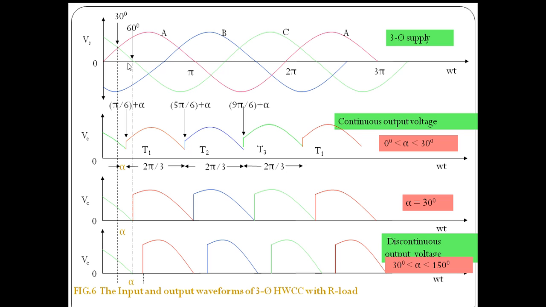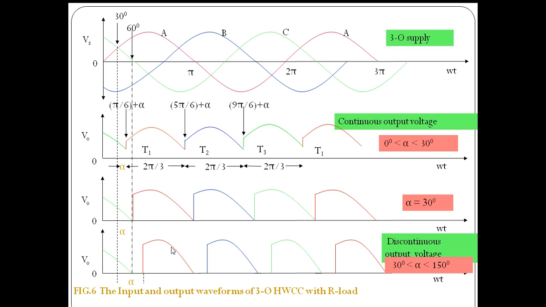So the thyristor is subjected to reverse bias and it won't conduct. T3 will turn off. After a further delay, at this instant we are firing, which is more than 30 degrees. So from this instant the output will be available. Phase A output will be available.